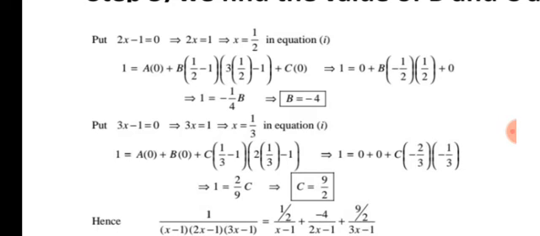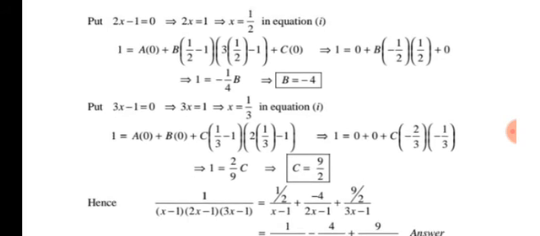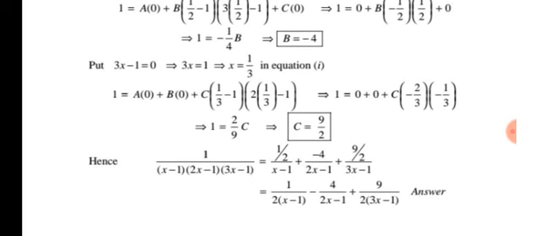By putting the value of a, b and c in equation 1, we will get 1 over 2 into x minus 1, as the value of a was 1 over 2. So we will put 1 at the place of numerator and 2 in the denominator.